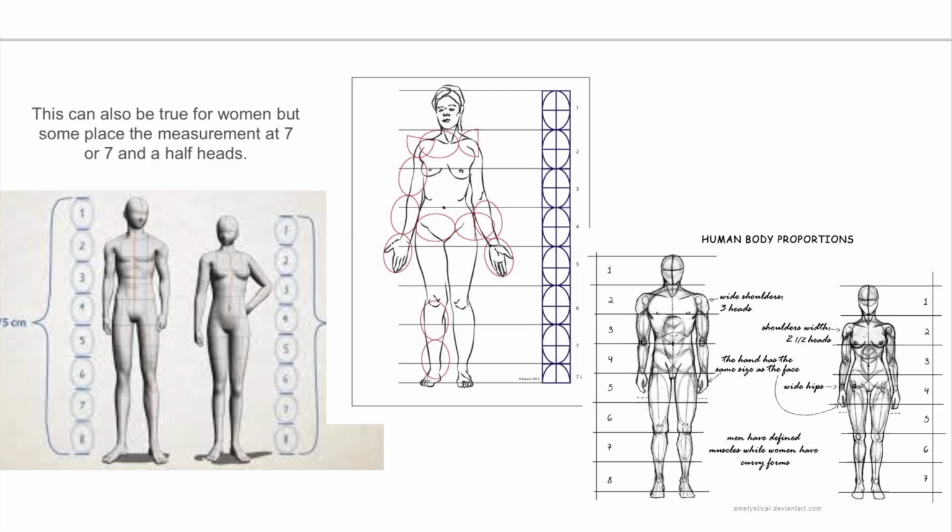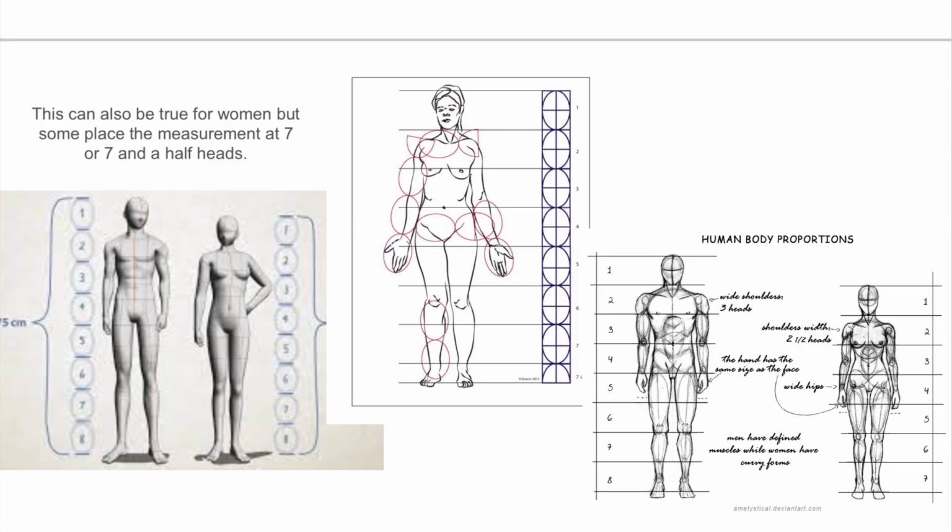But that's not always true. And in fact, sometimes you might have someone with a very small head that's a male, and a woman with a larger size head. And if you were to try to apply the logic the same way, it would not work out. So when you look at the females here, the one in the middle is 7.5 heads tall. The one on the right is actually just 7 heads tall, and they still do make sense.